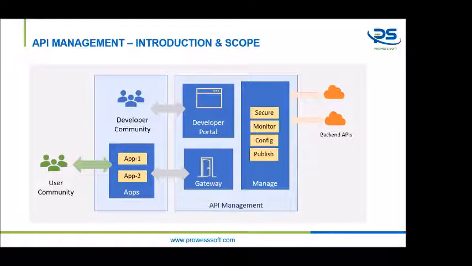So in general, the generic ones are the backend APIs that API management would interact for you, and then expose them over the gateway onto the developer community or for your applications.